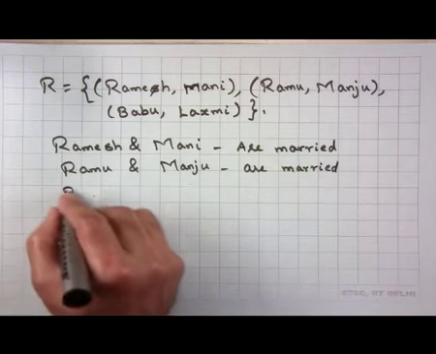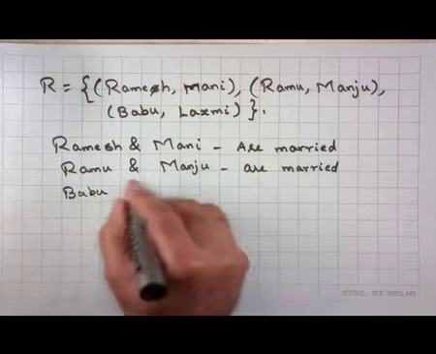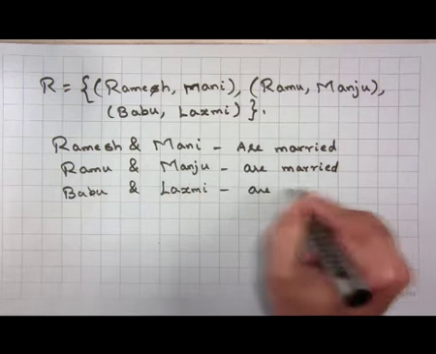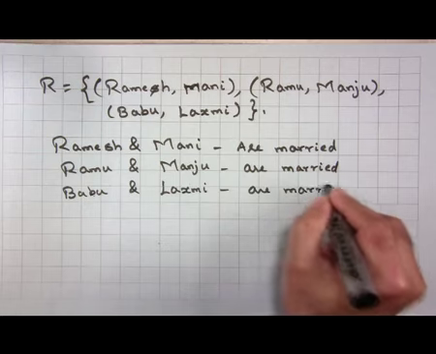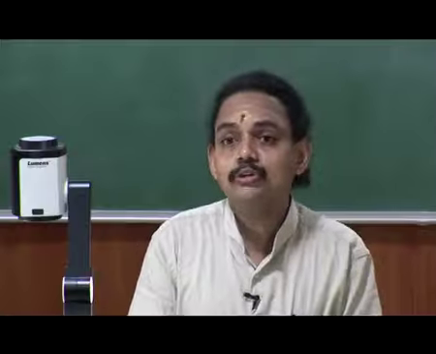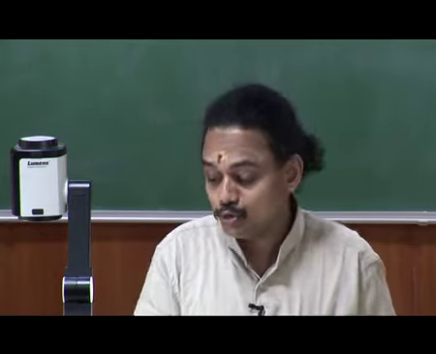And the last one, Babu and Lakshmi, they are married. So, we are interested in the pair, we need some relation between two names or elements between two sets.